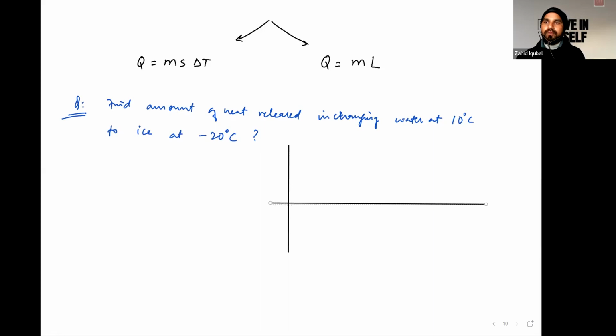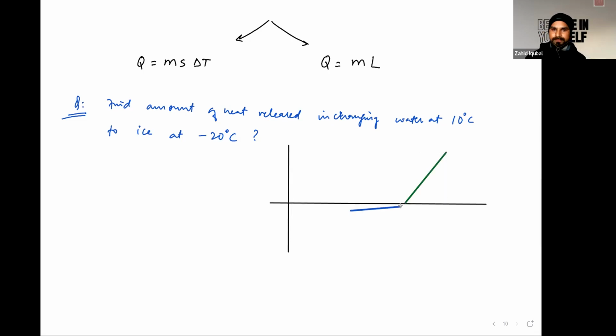Initially, we have water in liquid state at 10 degrees Celsius. So it will cool down to 0 degrees Celsius and still remain in liquid state.